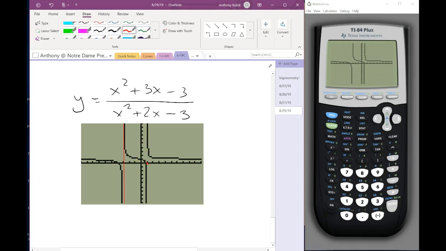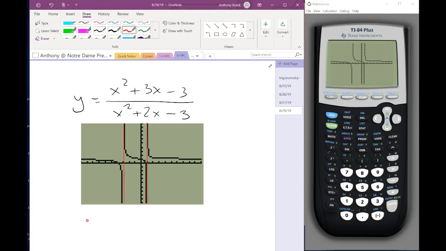Yeah, about here at 1, right? Everybody agree with that? So it looks like I have 2 vertical asymptotes.